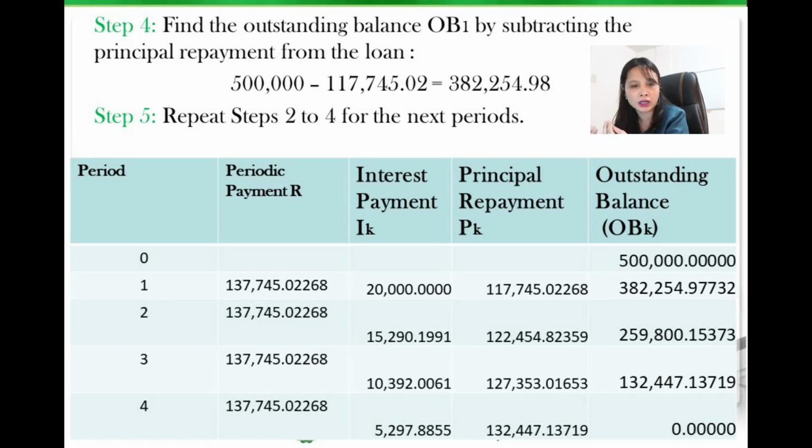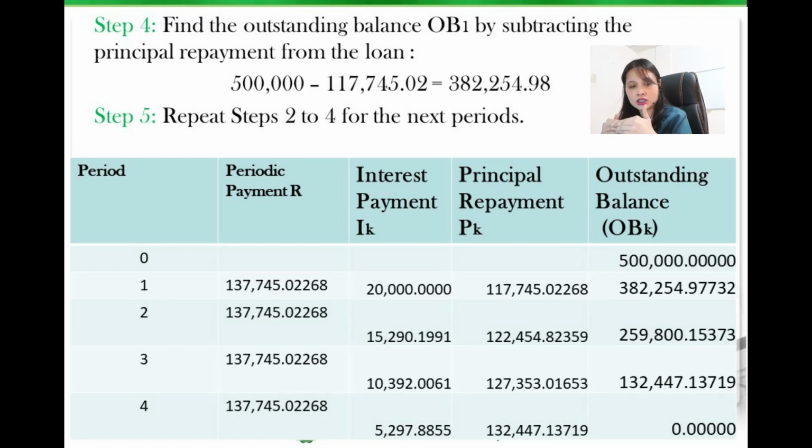And to determine the outstanding balance, 500,000 minus your principal repayment. So that would be your outstanding balance for the first period, yung 382,254.97.